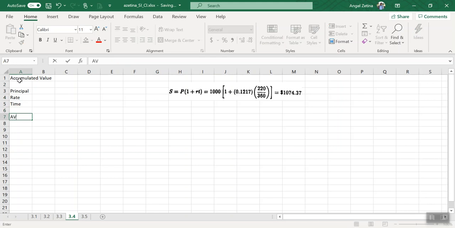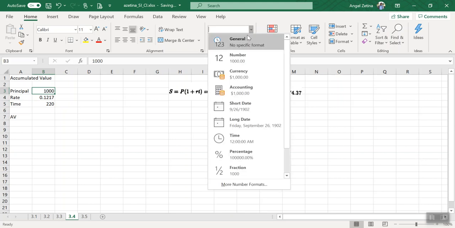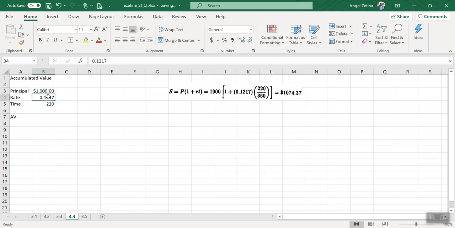So to calculate the accumulated value, the principal is $1,000. The rate is 12.17%, so it's 0.1217, and the time is 220 days. So it changes to currency. This is the rate.